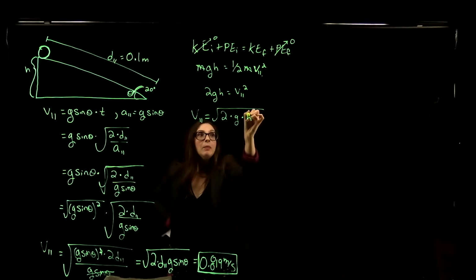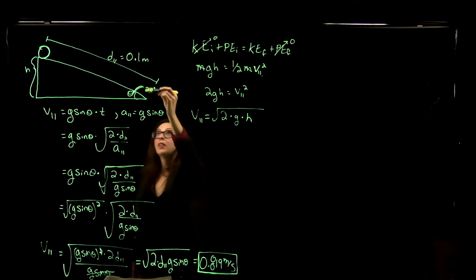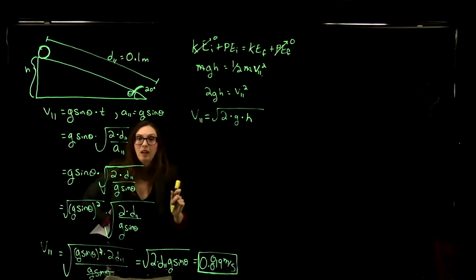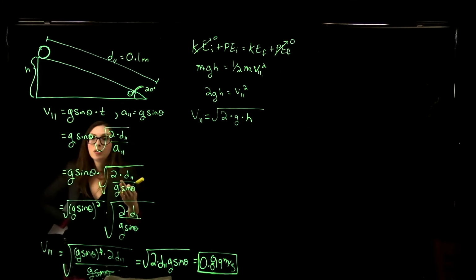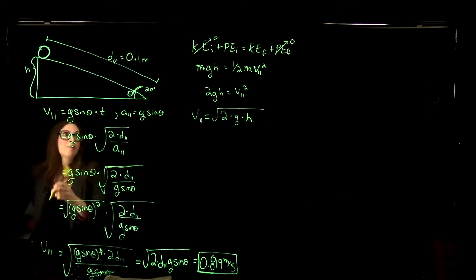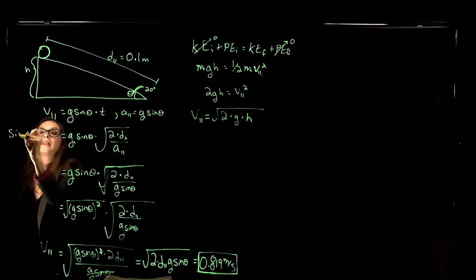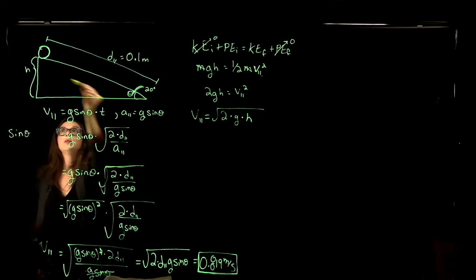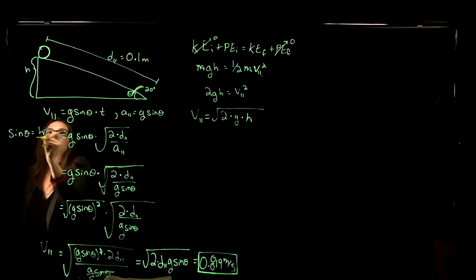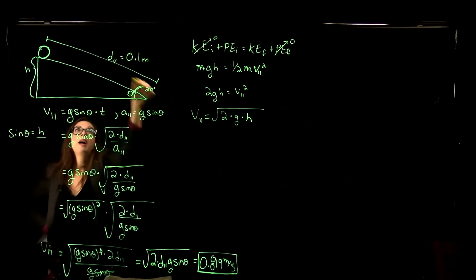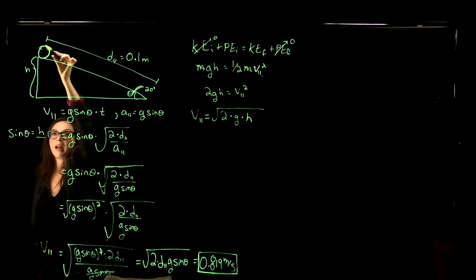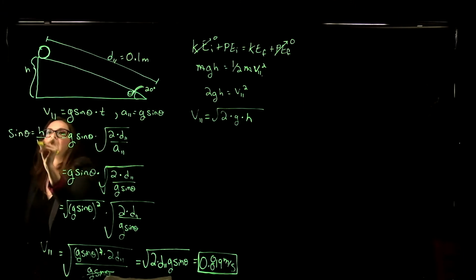Now, I can put this h in terms of my angle theta and my distance down the incline. I can do that by using trigonometry. So I can say that sine of my angle theta here is equal to opposite, which is h, over the hypotenuse, which is this distance we're calling d parallel, the distance we roll down the incline.